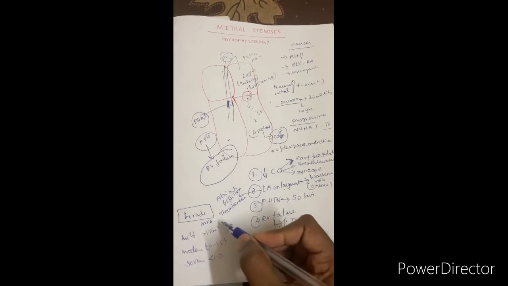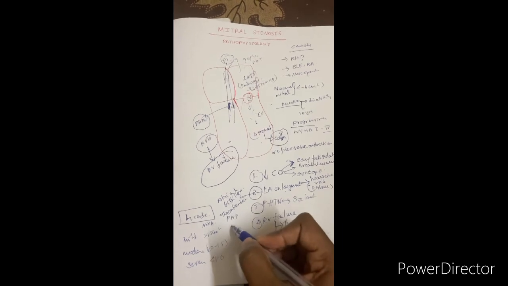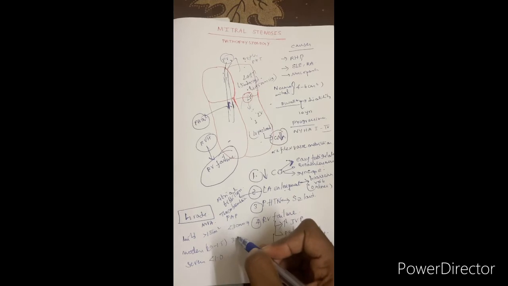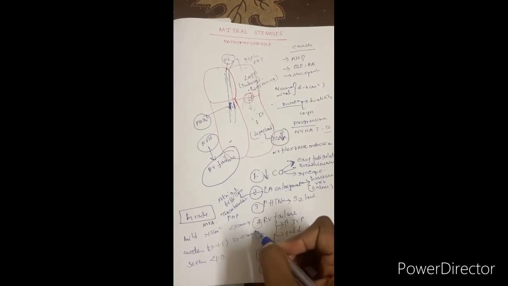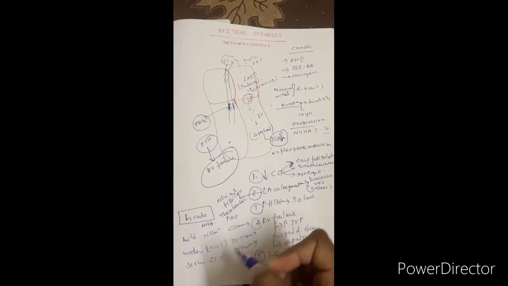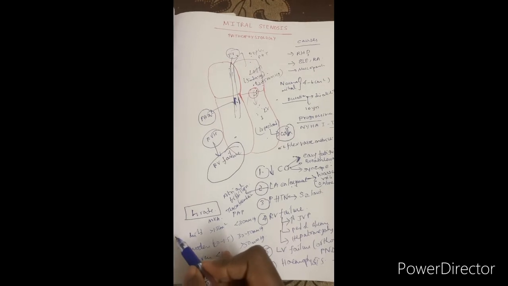Depending upon the pulmonary artery pressures we can also classify it. Less than 30 millimeter of mercury is mild, 30 to 50 millimeter of mercury is moderate, and more than 50 millimeter of mercury is severe. And depending upon the symptoms you can also classify the patients.